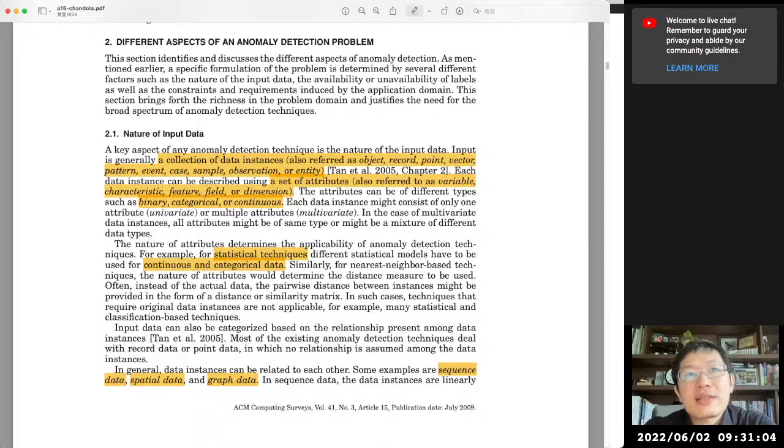For each data point, we have a set of attributes, x1, x2 to xn, as we mentioned before. They are also referred to as variables, characteristics, features, dimensions, fields, right? And they can be either binary features, categorical features, or continuous features.